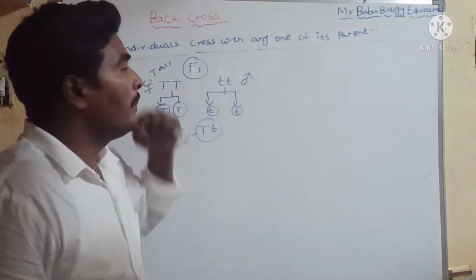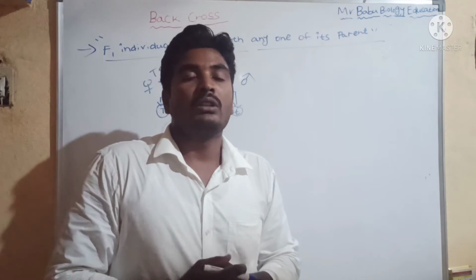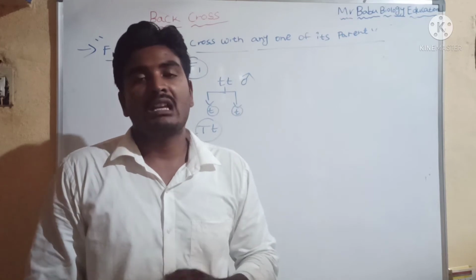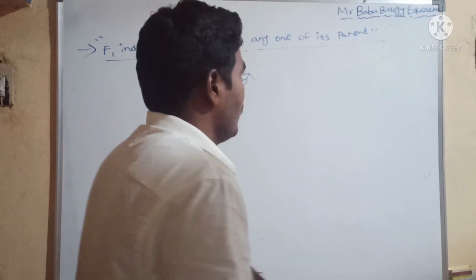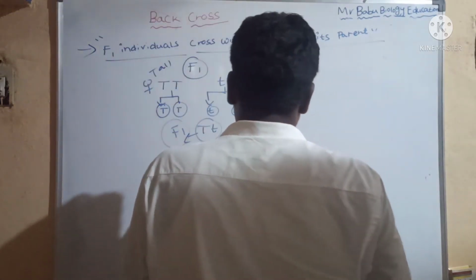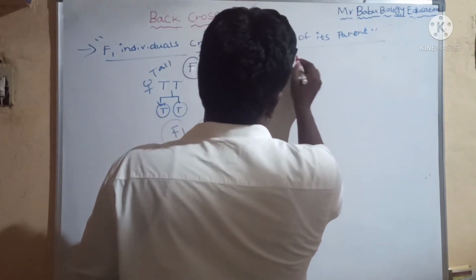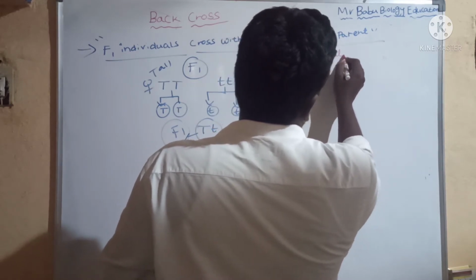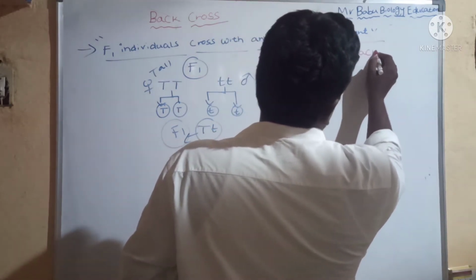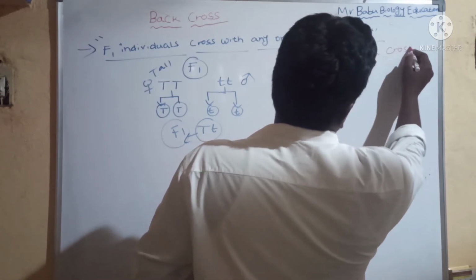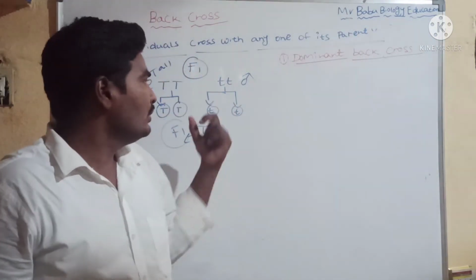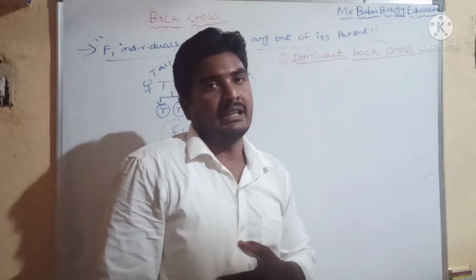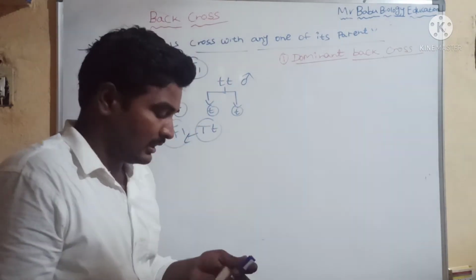Backcross is divided into two types: dominant backcross and recessive backcross. Number one, dominant backcross. When the F1 individual crosses with the dominant parent, it is called a dominant backcross.